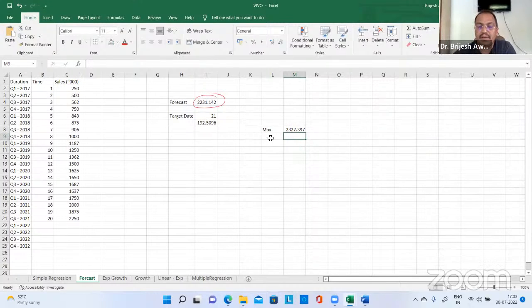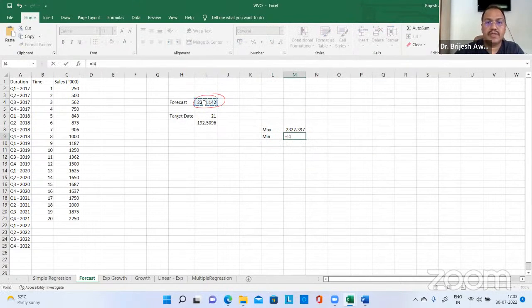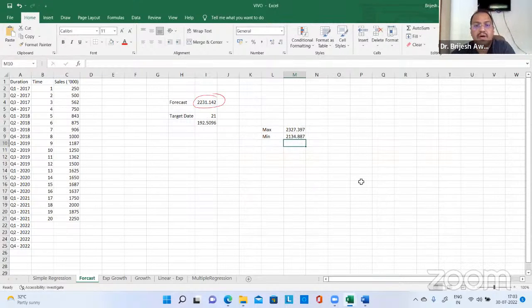And what about the minimum? For the minimum, 2231 minus this divided by 2, that is 2134. That means the expected sale for Q1 of 2022 is 2134 to 2327.